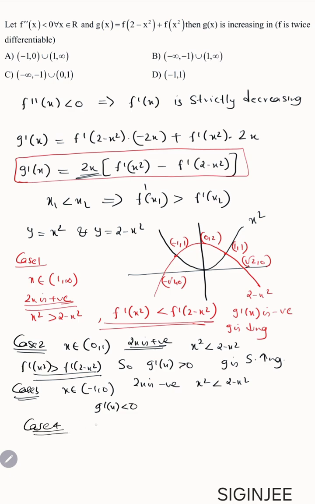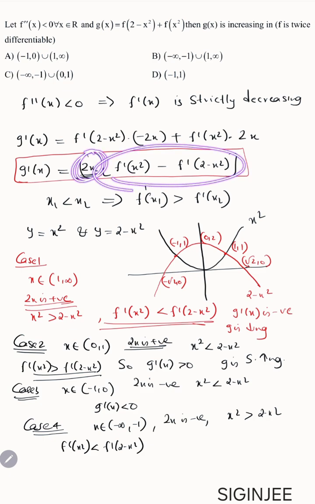Now our last case, case 4: x belongs to (-infinity, -1). Here 2x is negative, and x² is larger than 2 - x², similar to our first case. Then f'(x²) will be less than f'(2 - x²). So 2x is negative and the other factor is also negative, so their product will be positive, and g'(x) will be positive.